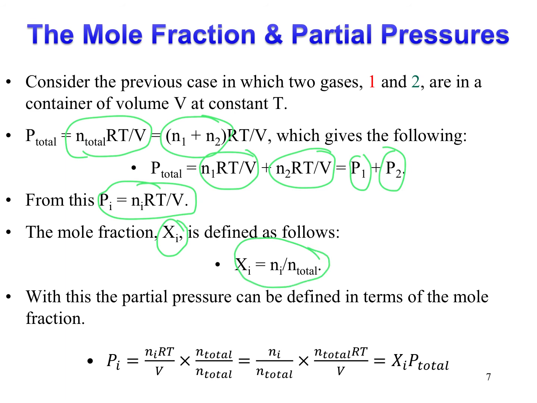With the mole fraction known, we find the partial pressure of an individual gas, P sub i, is the mole fraction of the gas, X sub i, times total pressure.